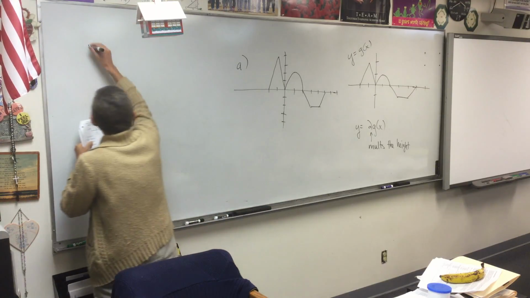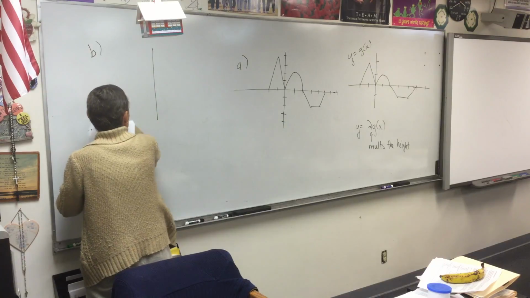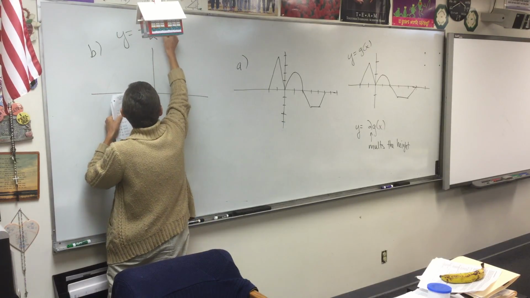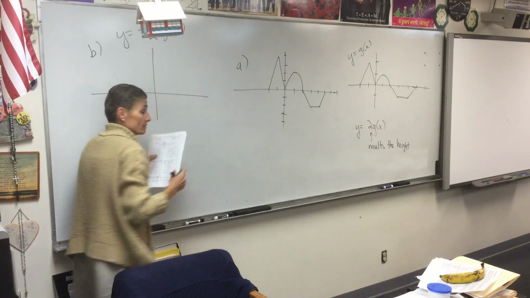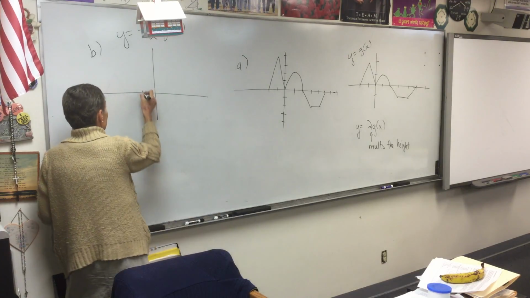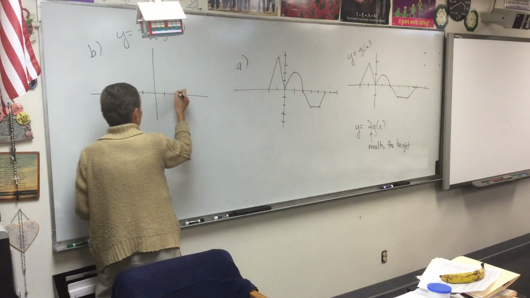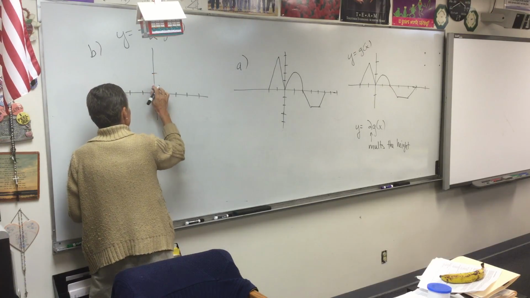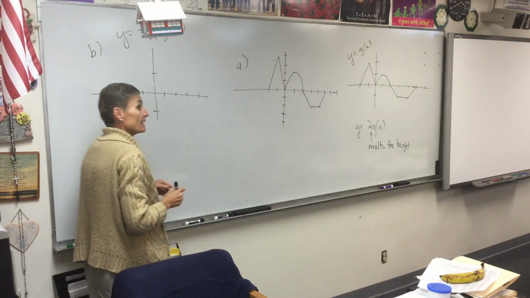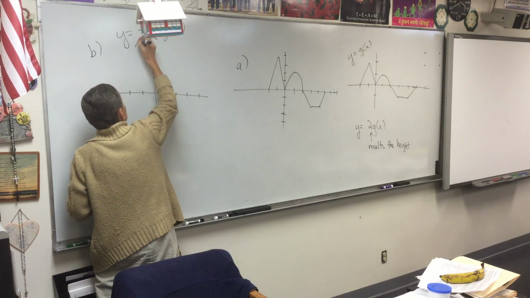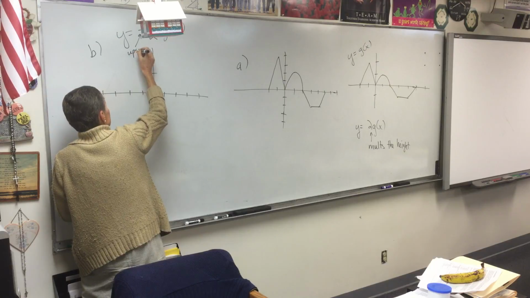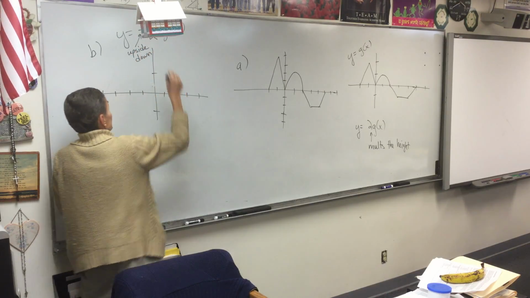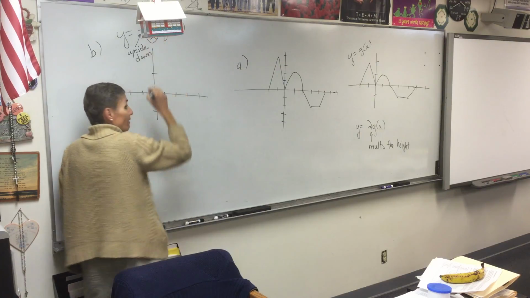Now, let's look at B. B is -1/2 of the function. Okay, now wait a second. What does the negative do? That's old news. You're supposed to know that already. What does the negative do? Upside down. The negative turns it upside down. We just learned what the 1/2 does.